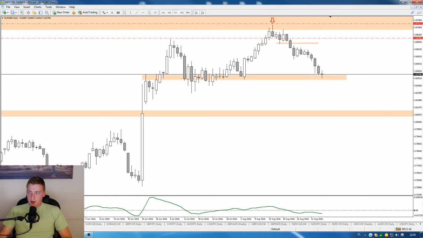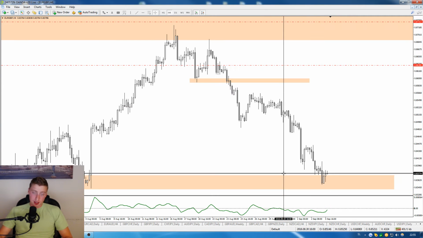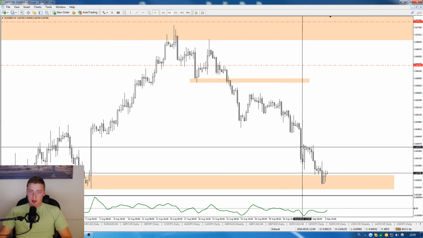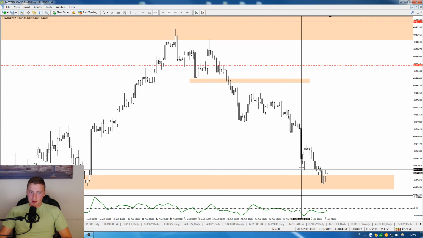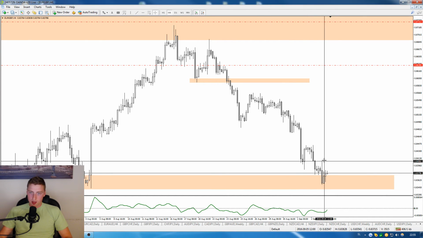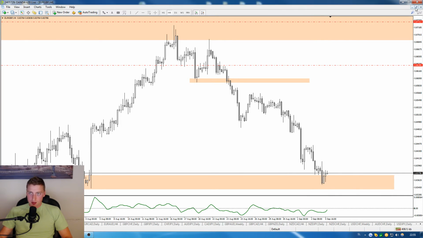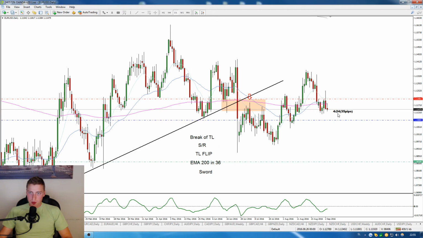Okay, so that's it. I have actually hedged on an intraday account on this candle, and I'm still waiting that the price will retrace. So that's it. Euro dollar.